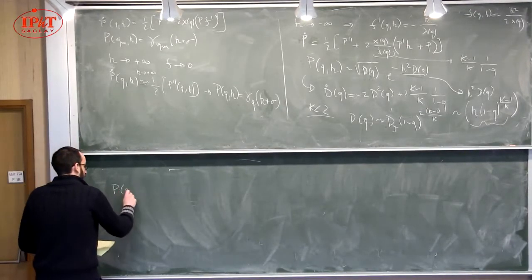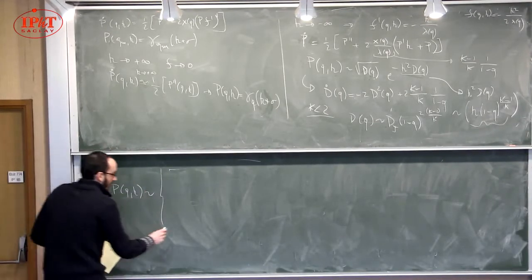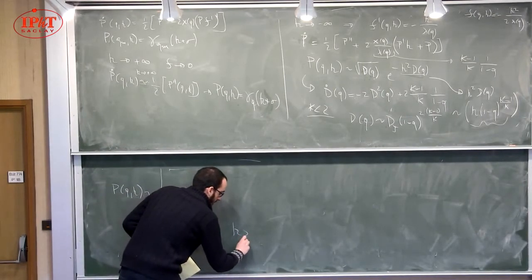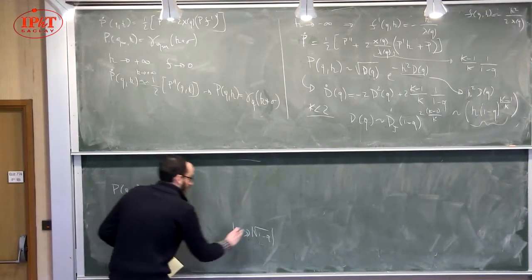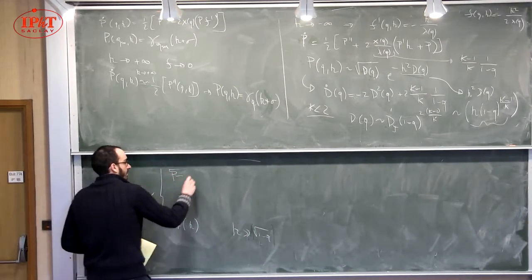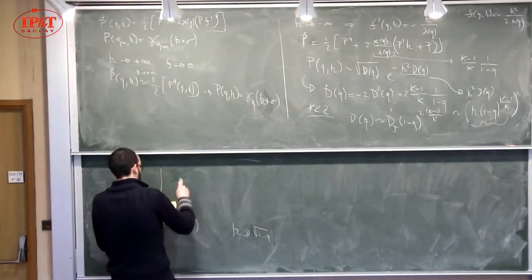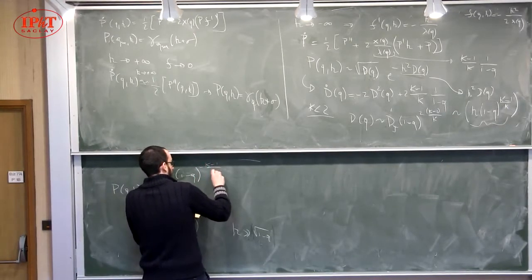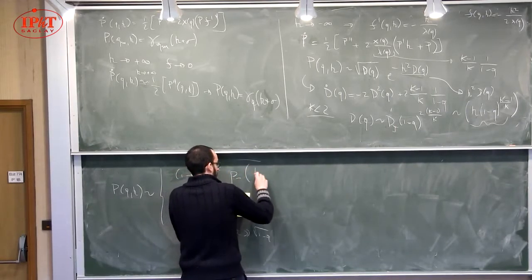So you have here q and h. At plus infinity, you have a regular function that I will call p plus of h. Then for h negative, you have something with 1 minus q to the minus k minus 1 over 2, and h over 1 minus q.